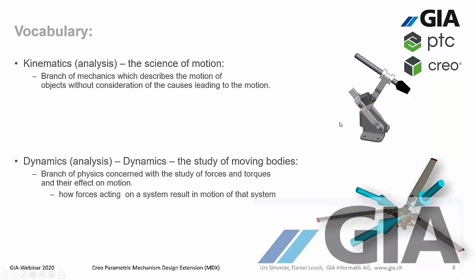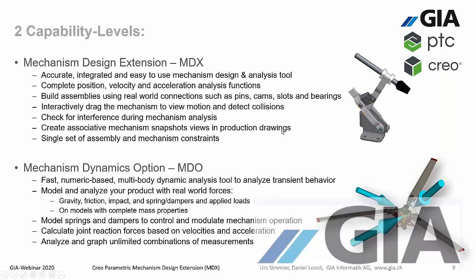So mechanism design extension is taking care of kinematics, and the dynamics option is taking care of the dynamics. Dynamics means forces, force and the body motion is captured by it, so you can see the forces and all that kind of stuff. And with mechanism you just see the animation or movement behavior of it.